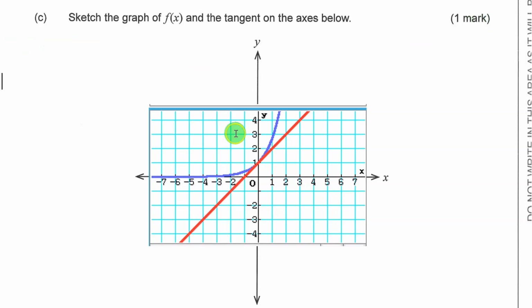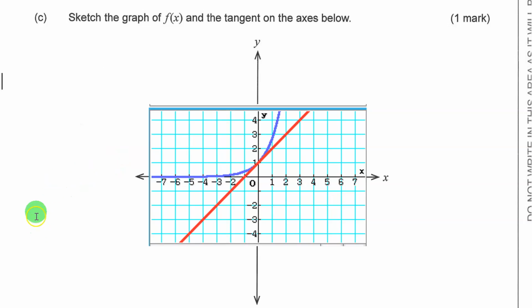Typically a sketch involves putting some kind of scale, so I'd put a little mark at 1, draw my exponential function going very flat through to about -3, and then starting to rise off the axis going through 1 and then rapidly increasing, and then pop in the line y = x + 1 as a tangent, just making sure that it's clearly a tangent, and pop some kind of scale on this axis as well, so that using the gradient of this line you can check it's okay. A lot going on there for 1 mark.